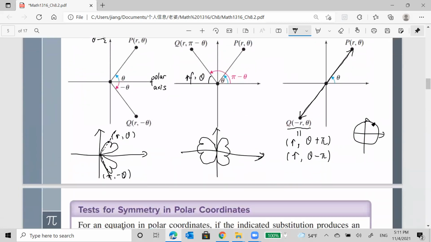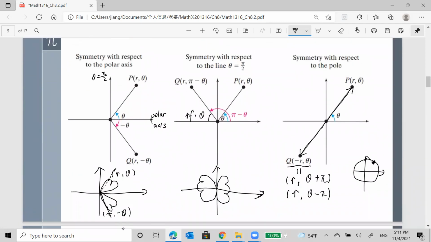So if my function is symmetric to the polar axis, replace (r, theta) by (r, negative theta), and then see if the equation still keeps the same. That means it's symmetric to the polar axis.